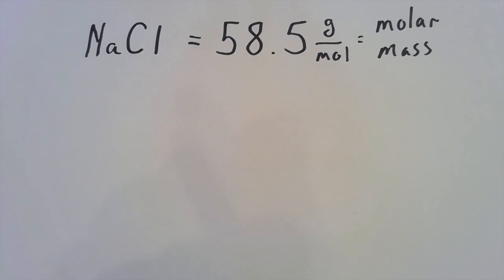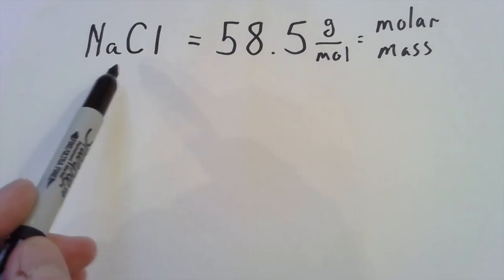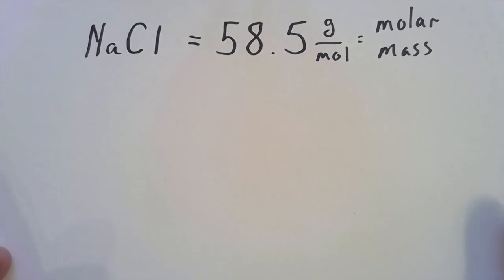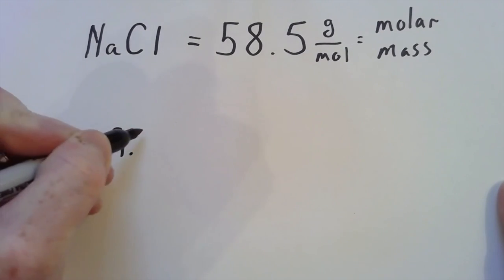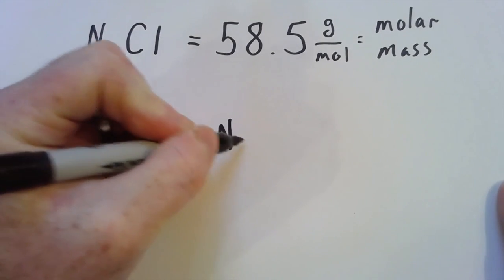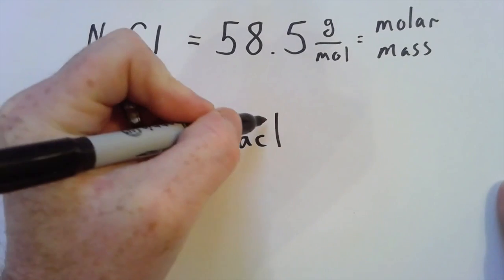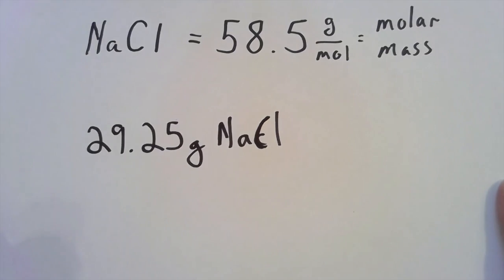So here's the facts that we start off knowing. Previously, we already calculated the molar mass of salt. Now what we need to consider is what the problem gave us. We start with the problem telling us that we have 29.25 grams of salt. There we go. NaCl, not Cl.